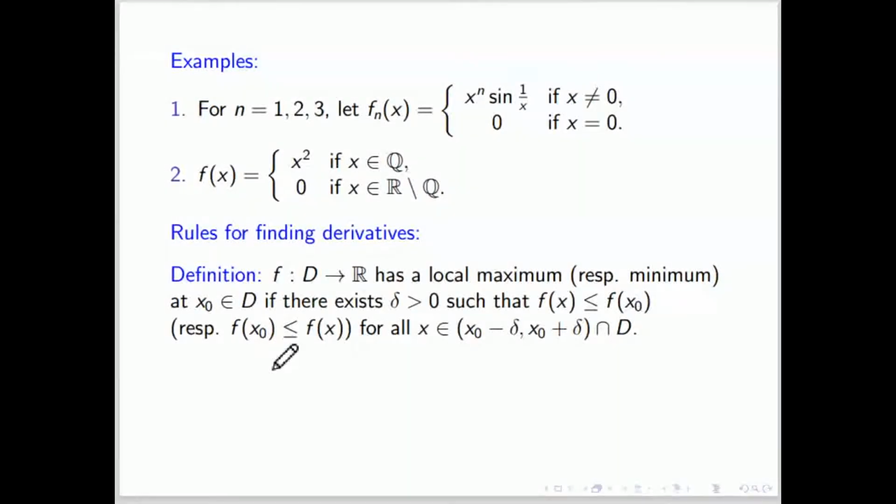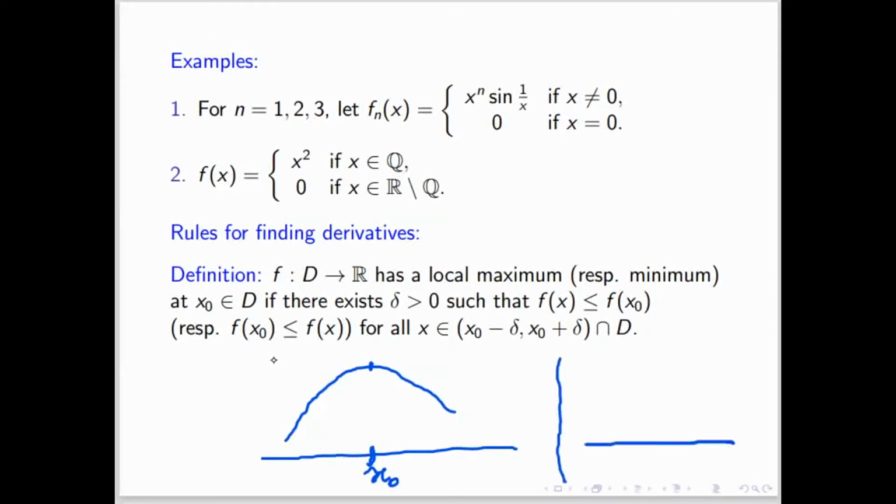So what does it mean? In terms of pictures, this is the point x naught. Is x naught maxima or minima by this picture? Maximum. So what this definition says is that if you take a neighborhood of x naught, from x naught minus delta to x naught plus delta, in this region whatever functional values you get, the value f at x0 will be the maximum value.